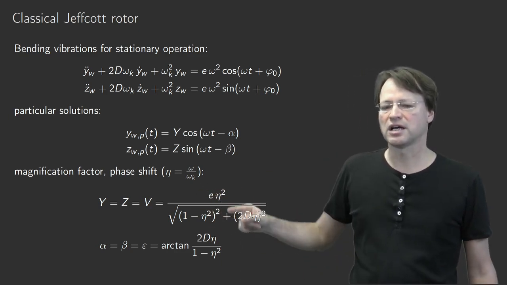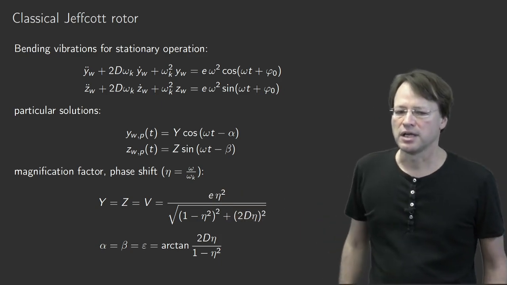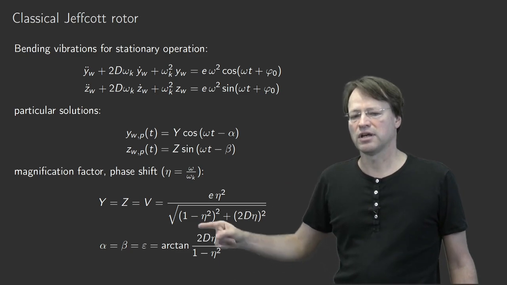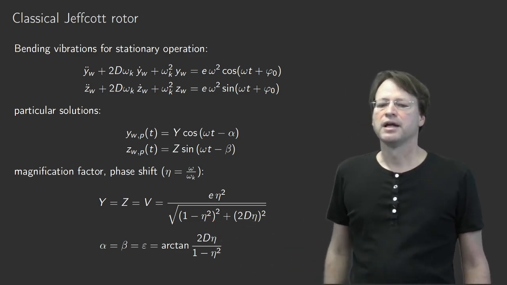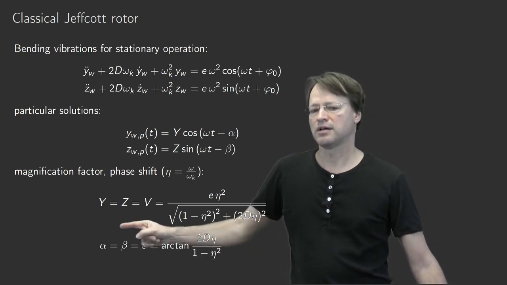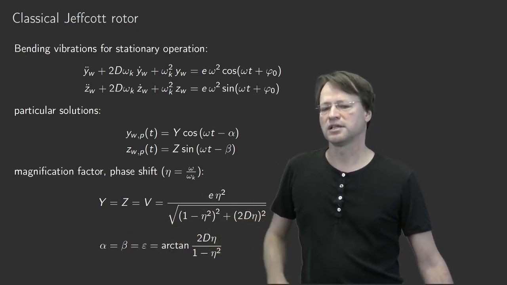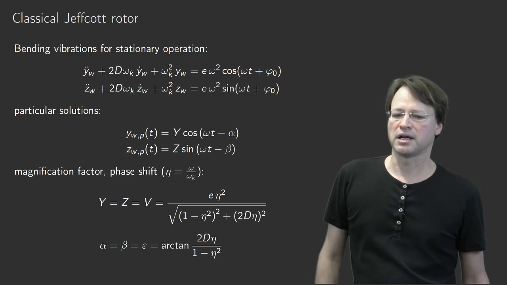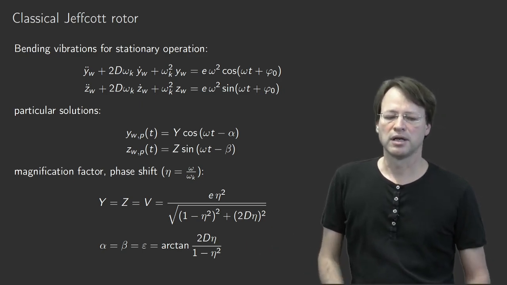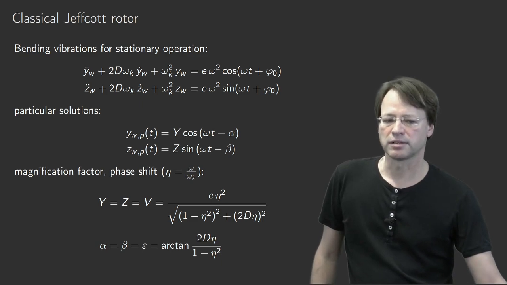Therefore, we have E times eta squared in the numerator of the magnification factor, and then we have the classical denominator here. And also, epsilon is then alpha equal to beta. It's a classical phase shift. It's given by the arctangent of 2d eta divided by 1 minus eta squared.